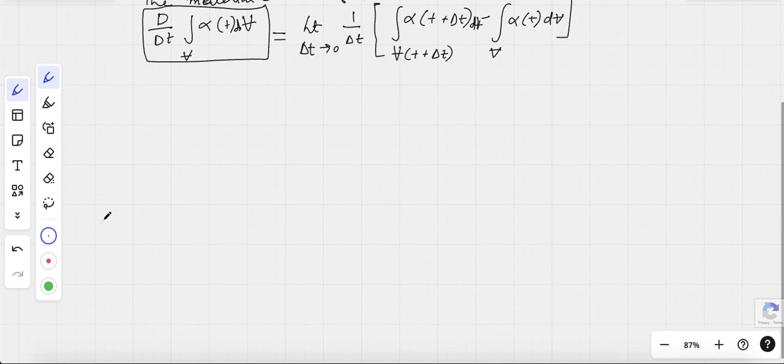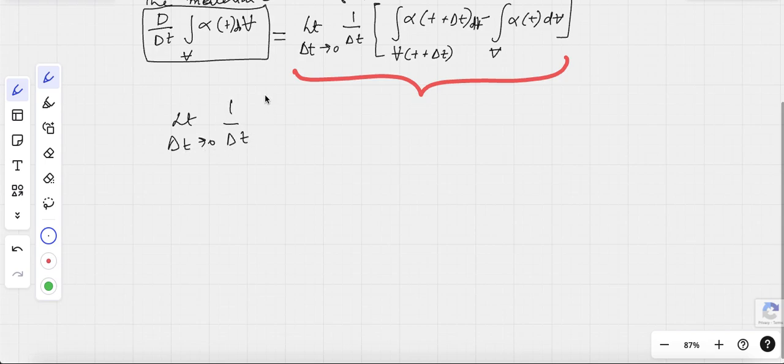So this entire thing, we can write it as limit delta t tends to 0, 1 upon delta t. Now we will keep the first term same.